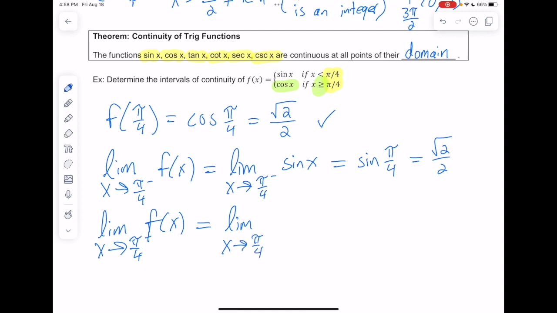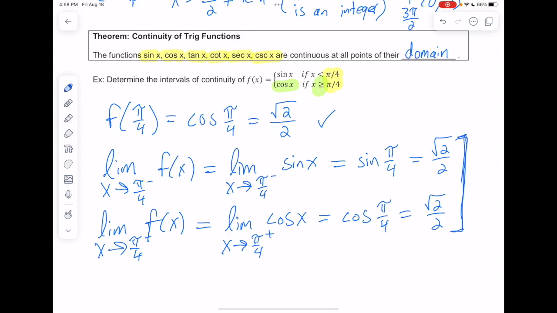So that would be cosine of x. But again, cosine's a continuous function, so you can figure out its limit, in this case from the right, but whether it's from the right or the left or whatever, for a continuous function, you can evaluate the limit by just plugging in. Direct substitution always works on continuous functions, and that's root 2 over 2. So the two are the same.